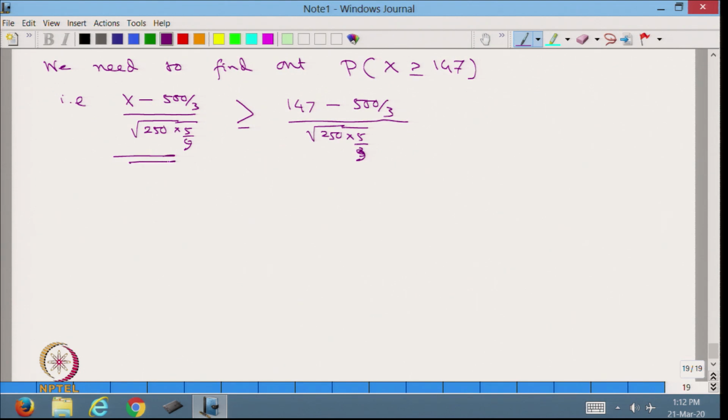Now, this is standard normal because X is a binomial random variable and n is pretty high, equal to 1000. Therefore, the variable minus mean upon standard deviation converges to normal 0, 1 by CLT.